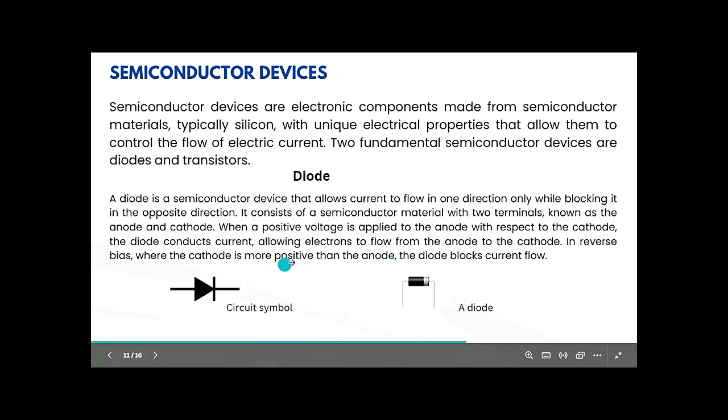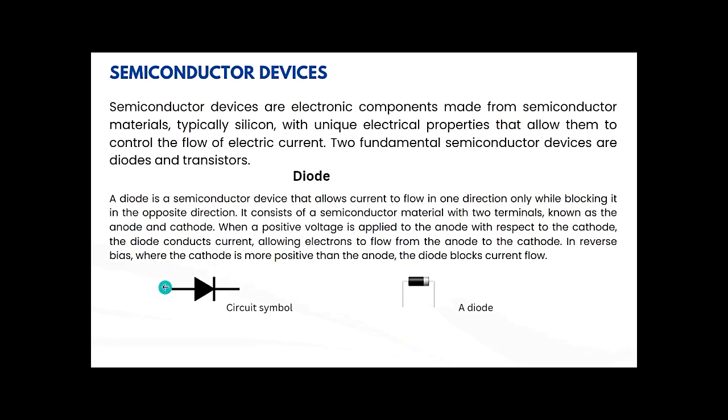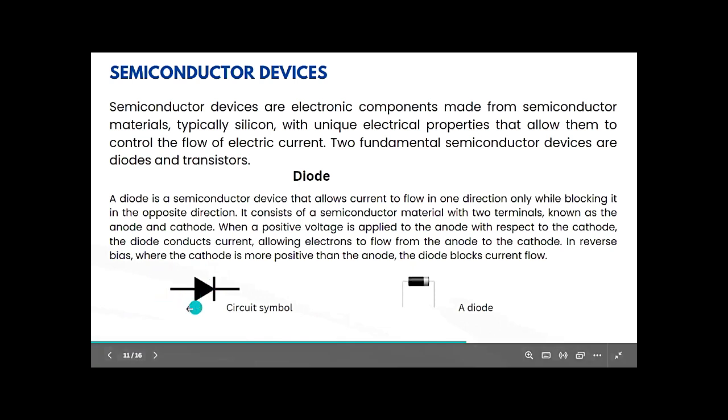When a positive voltage is applied to the anode of a diode, the diode will conduct the current, allowing the electrons in the current to flow from the anode to the cathode.